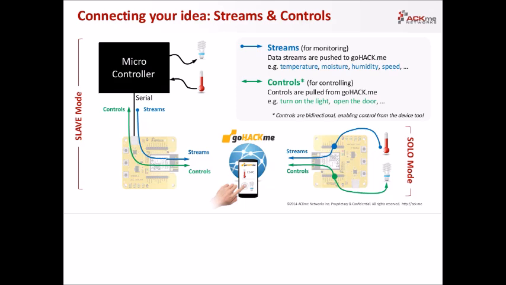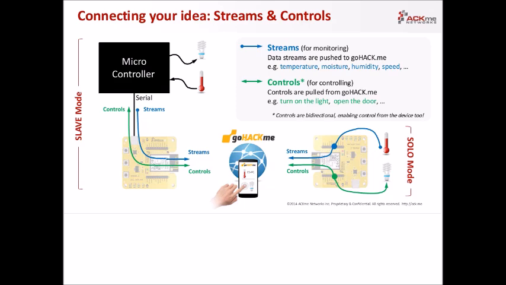So you can see, again, the slave mode operation here on the left. The streams and controls are just piped through the serial port via commands, whereas in the solo mode on the bottom right, the samples that are streamed up to the cloud go via the headers, designated by the larger blue and green dots on this board. So the streams, say the temperature, go via an ADC that's sampling, say, a thermistor, and being sent to the cloud.